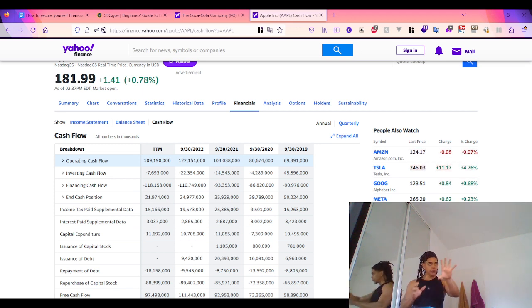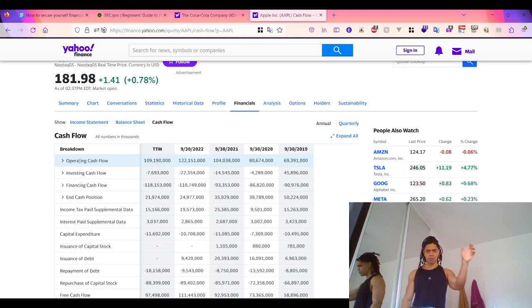So once I look at all of these most common operating assets, right?